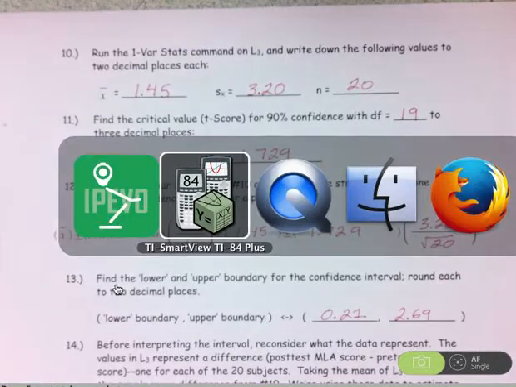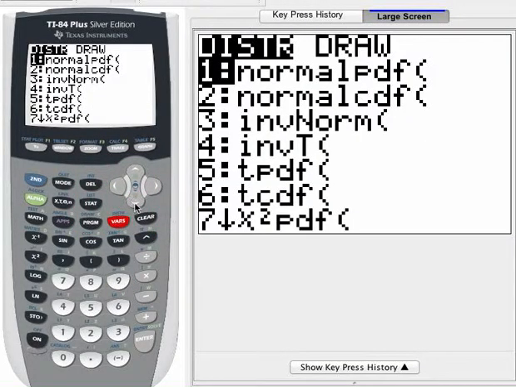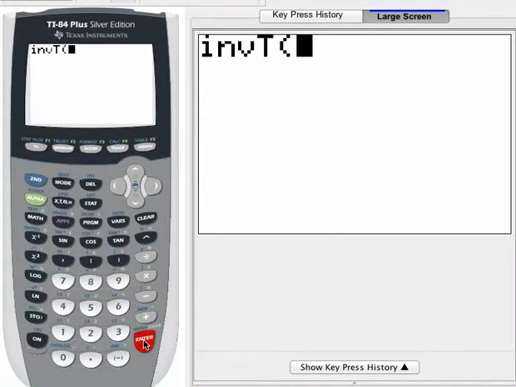And that would be found either by using the inverse t command on your calculator or the INVT program. Either way, the area that we need to enter is 0.95. Don't enter 0.9. We also need to include the 5% at the lower tail of the distribution that we are ignoring. So this is 0.95 with 19 degrees of freedom. And that will give us our critical value.